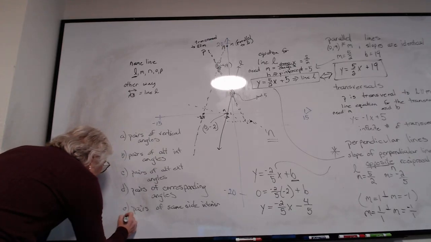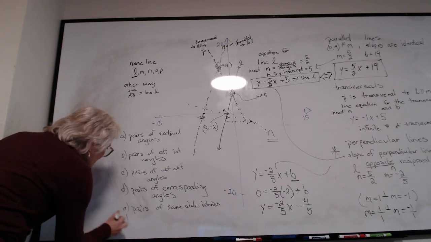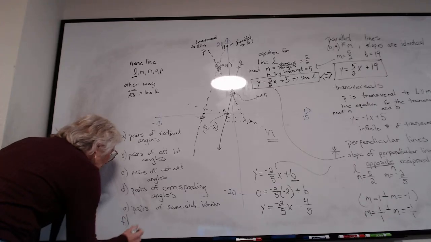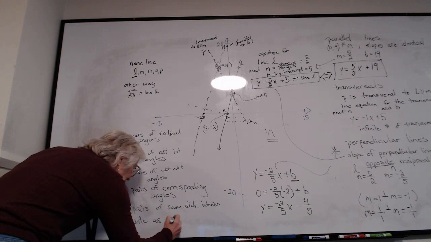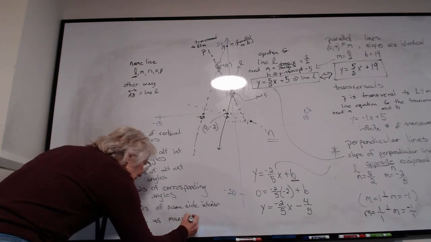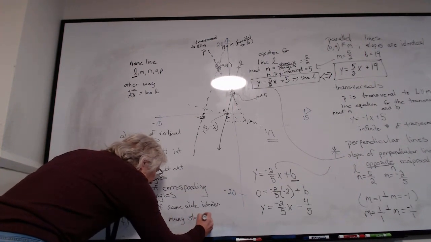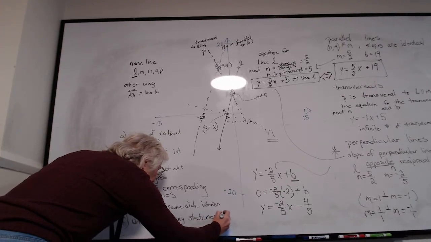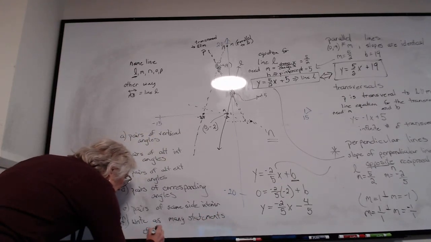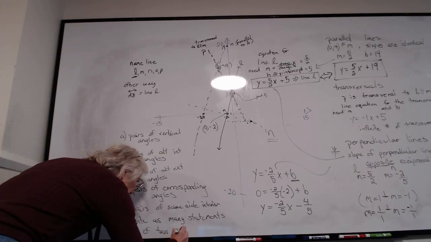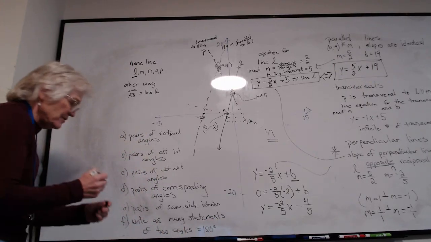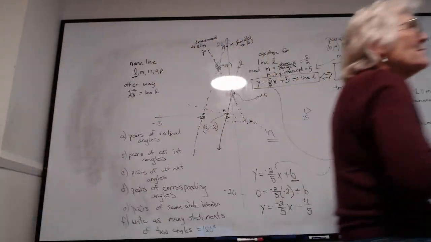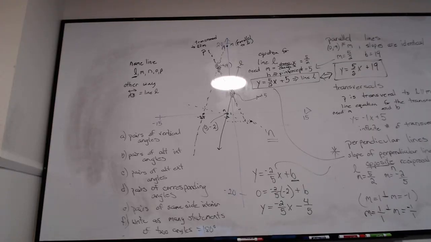Okay, and then F, I want you to write as many statements of two angles equaling 180 degrees. So what I want you to do is write as many statements as you can come up with of two different angles being added together to make 180 degrees.